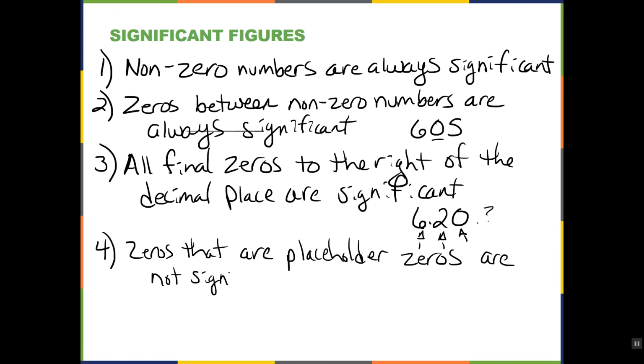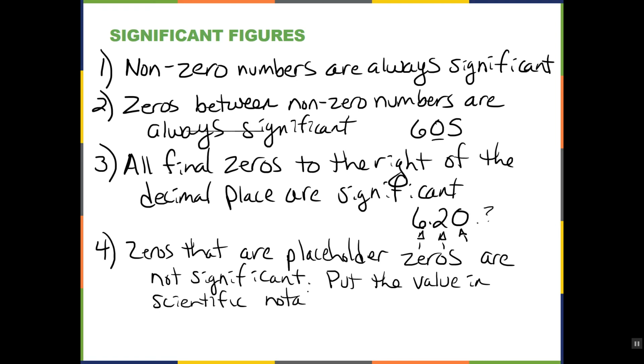And I'm going to add a little piece of advice here: put the value in scientific notation. I'll put an exclamation mark behind it and I'll underline that. Okay, so let me show you why.